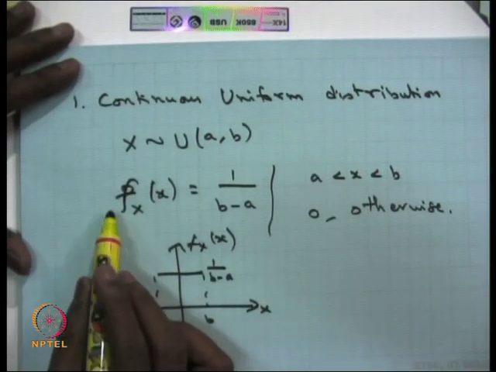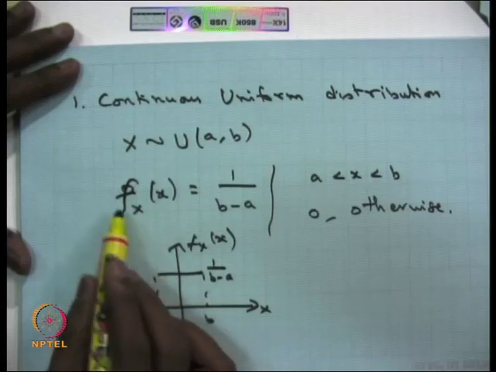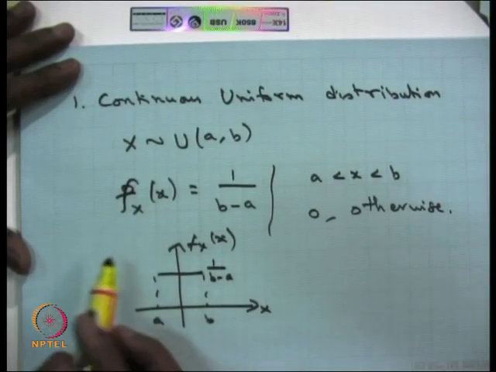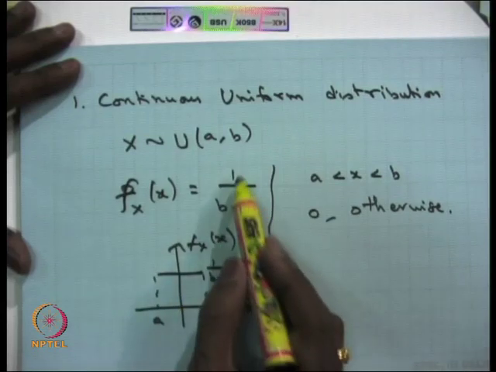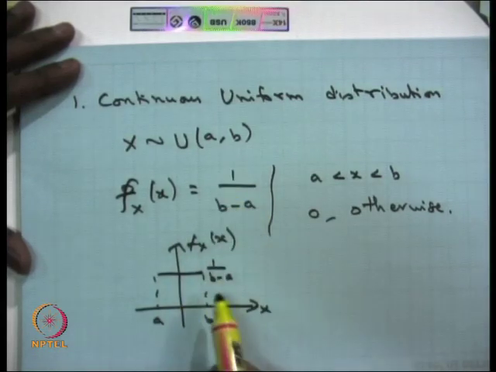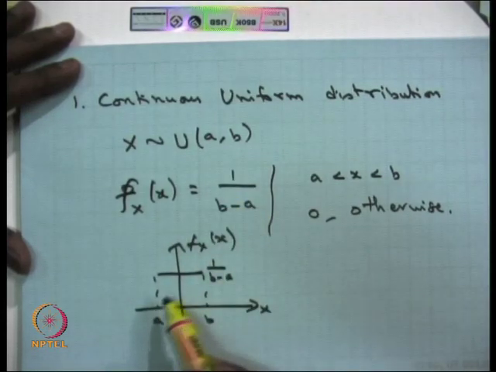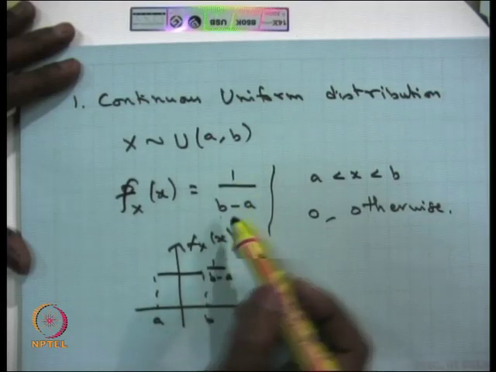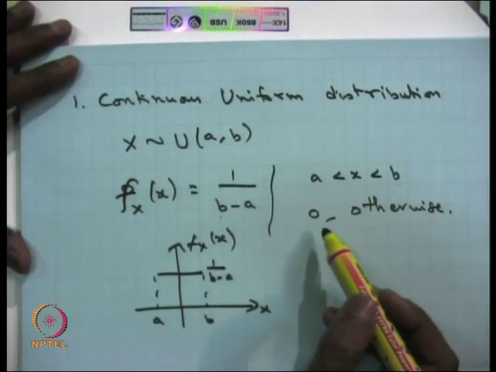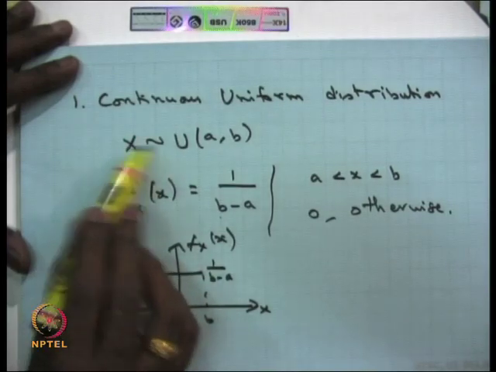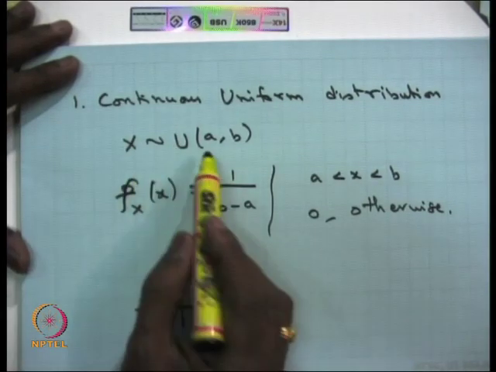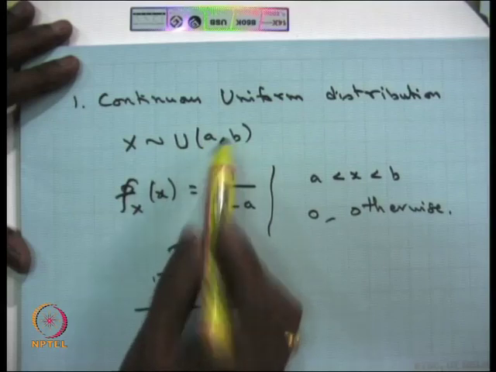Therefore, this is a valid probability density function of a continuous random variable. For any continuous random variable whose density is 1 divided by the length of the interval on which it takes values, and 0 otherwise, we call it a continuous uniform distribution between the interval a to b.